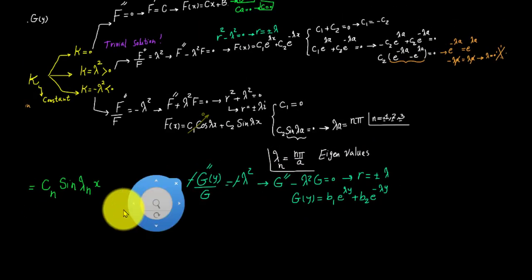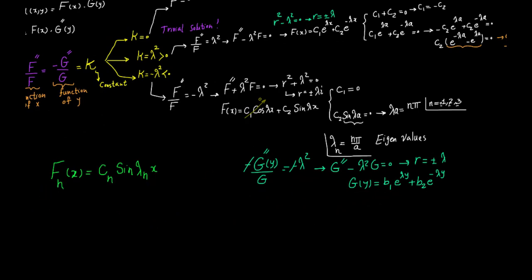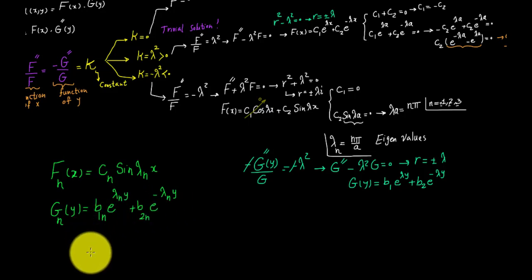So from this time on, I will put a subscript for the function capital Gn of y equals to a constant like b1, but I will put an n next to it. Again, we don't know these coefficients, we have to find them, times exponential of lambda n times y plus b2n times exponential of negative lambda n times y. So we are almost there, except that these coefficients are what we have to find.